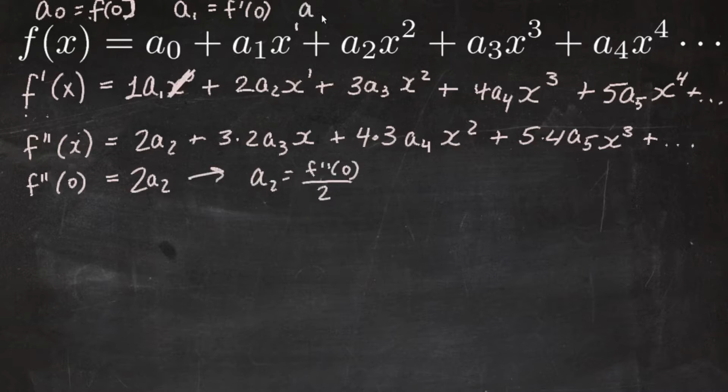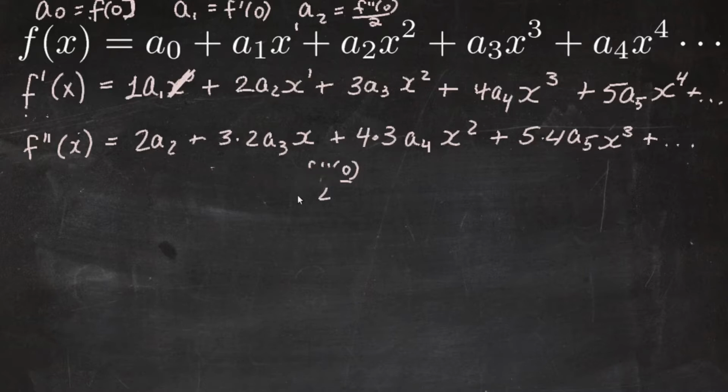So we see a2 is f prime prime of 0 divided by 2. We've used this evaluation at 0 to find that out. Let's clear out some space and take one more derivative.